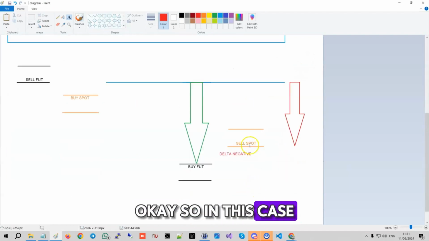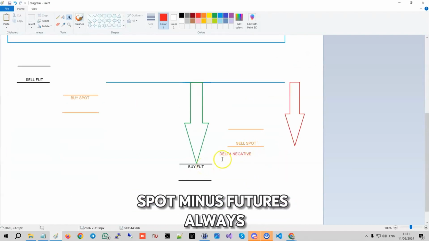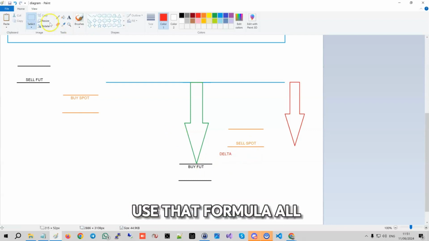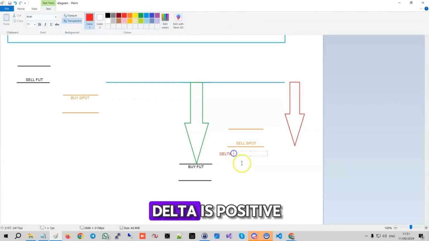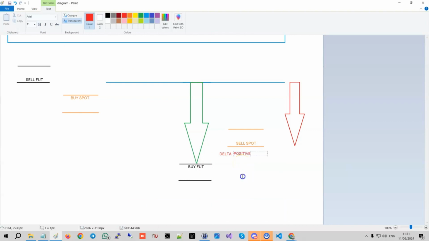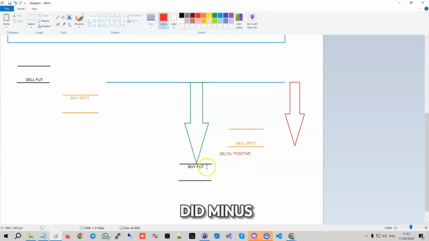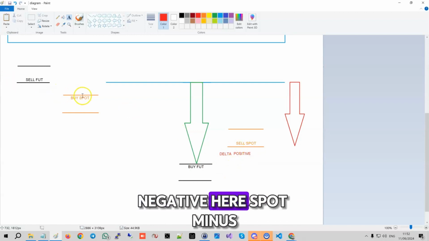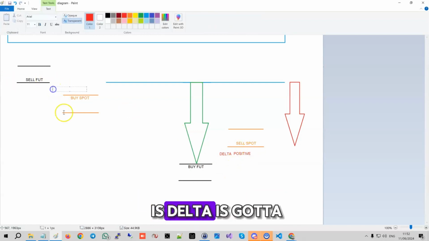So in this case, spot minus futures, oh, why is it negative? It's positive, actually, I'm so sorry. Let's use that formula. It's all over the place. So in this case, delta is positive. So that's the spot bid minus ask of the futures is going to be a positive. Here, spot minus futures, delta is going to be negative.